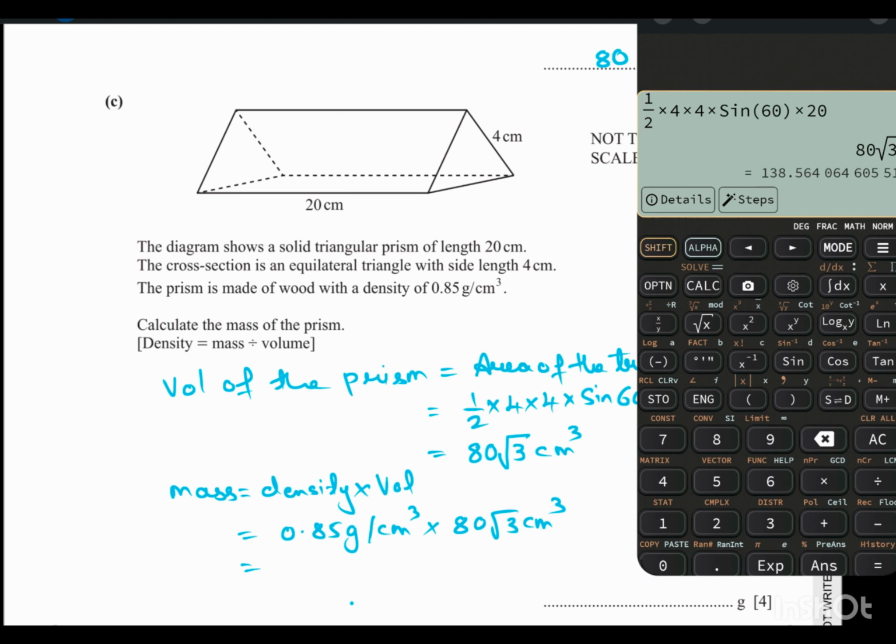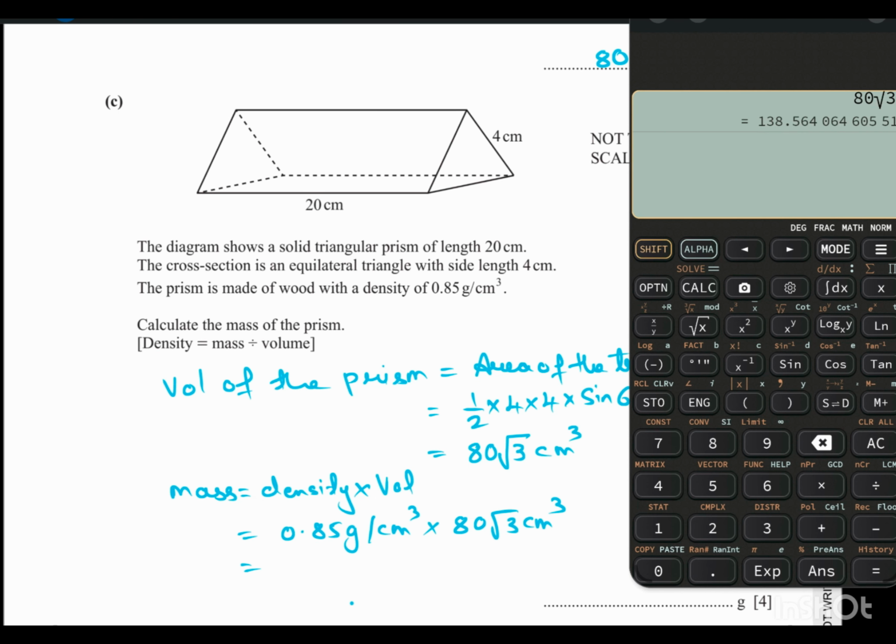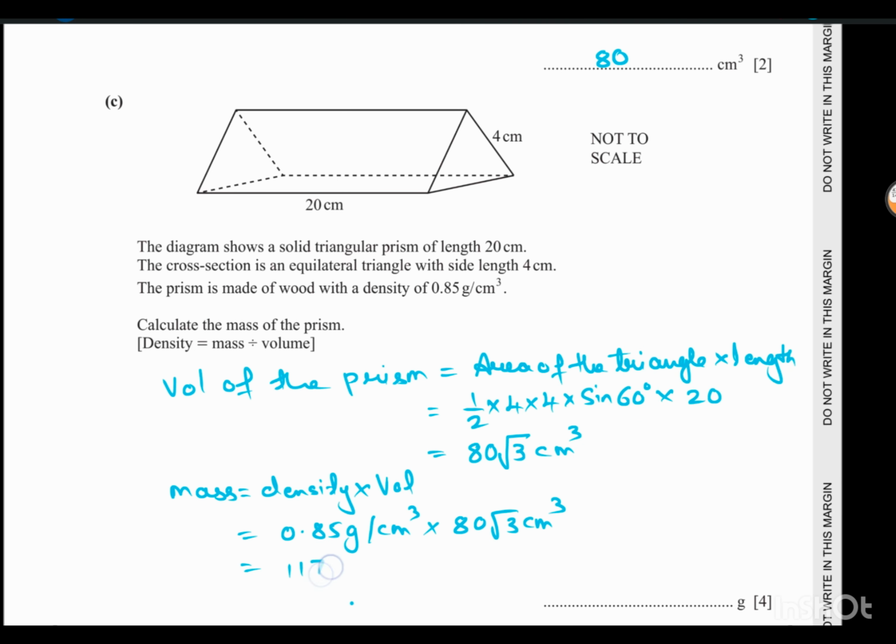Multiply these two, 80 root 3 into 0.85, that is 117.779, 117.78 grams. So it is 117.78 grams. Question C is done.